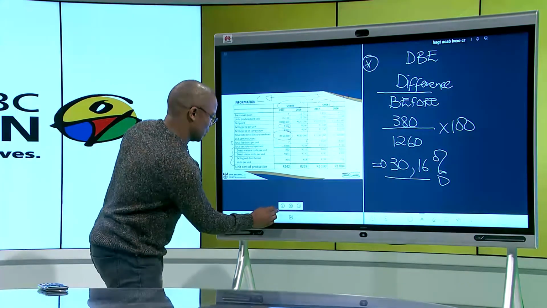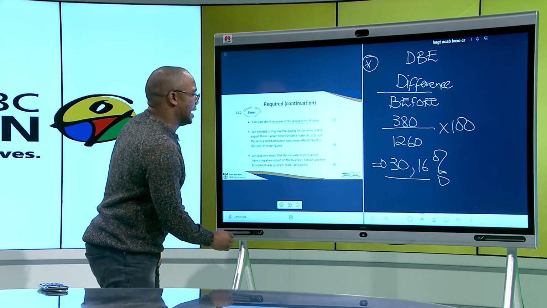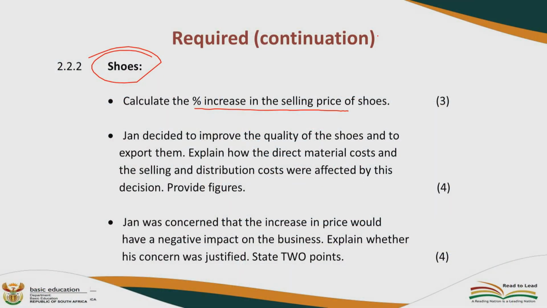Let's go to the next question. They say, Jan decided to improve the quality of shoes and to export them. The quality of shoes and exporting. Remember, when we export, you must think about selling and distribution. And when we talk about quality, we are talking about direct material. They say, explain how the direct material cost and the selling and distribution cost were affected by this.